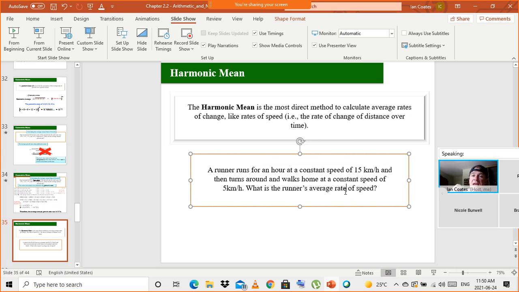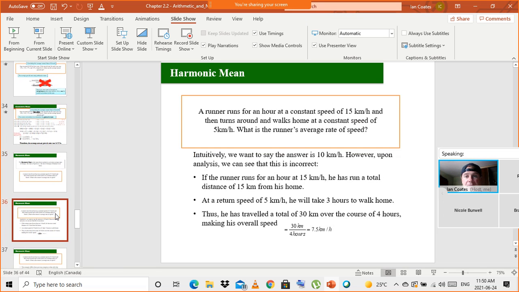Well, you can't really just add them up. Maybe you want to: 15 plus 5 is 20, divided by 2 is 10 kilometers an hour. That's the average. Well, it ain't. Because you've got the runner traveling 1 hour at 15 kilometers an hour, and then back again 3 hours at 5.